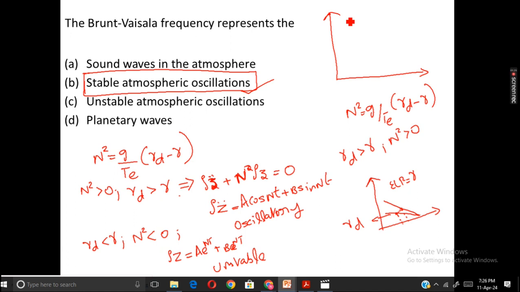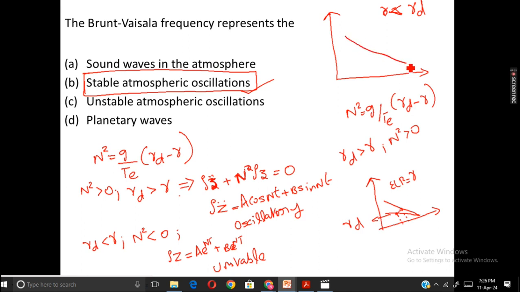So in that case, what we did was we considered a layer in the atmosphere in which the actual lapse rate gamma was less than gamma d, or gamma d is greater than gamma, just like I told now.